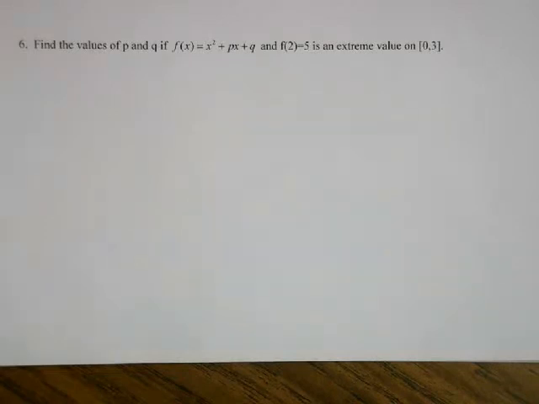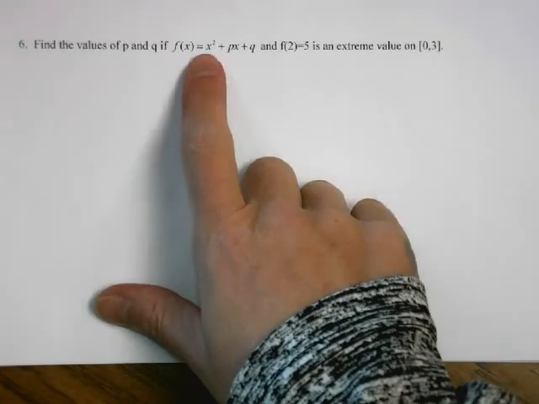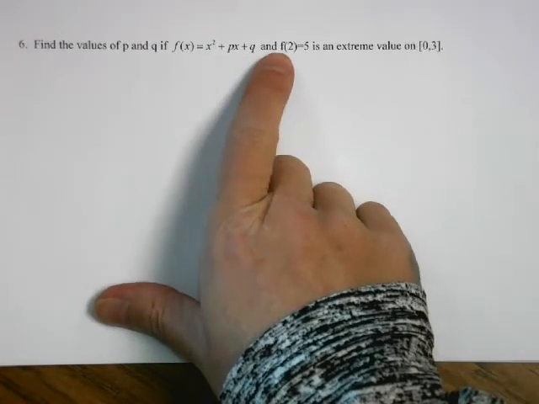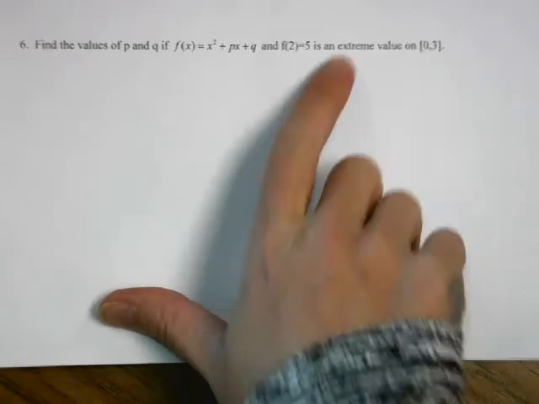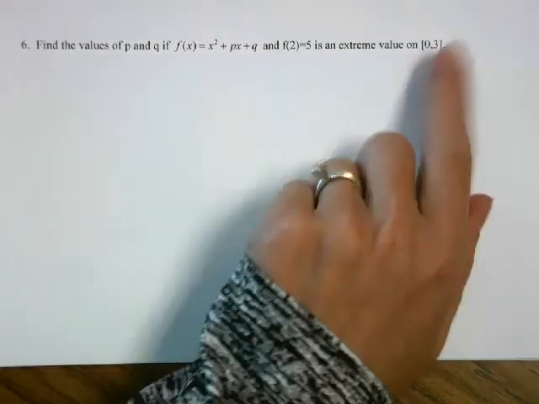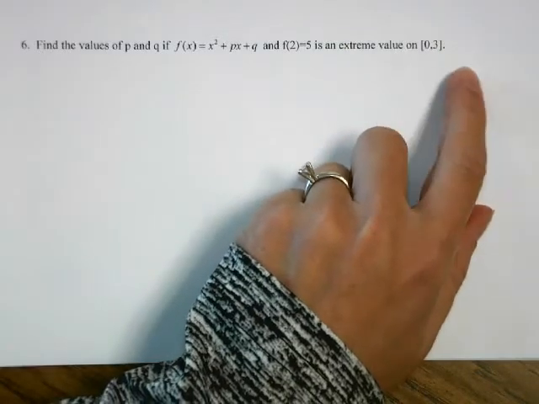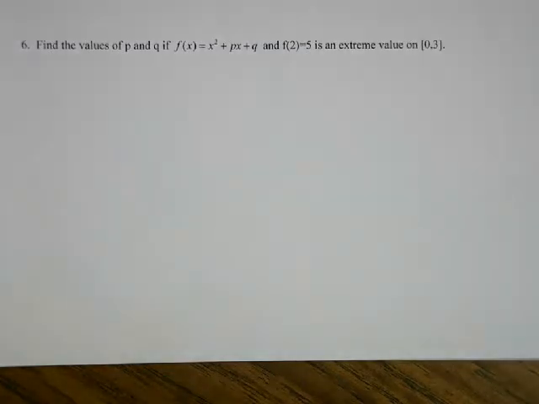For this question, we're going to find the values of p and q if f of x equals x squared plus px plus q and f of 2 equals 5 is an extreme value. So the extreme values on a closed interval will occur at the endpoints or at the critical point.